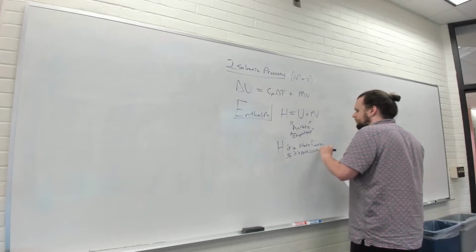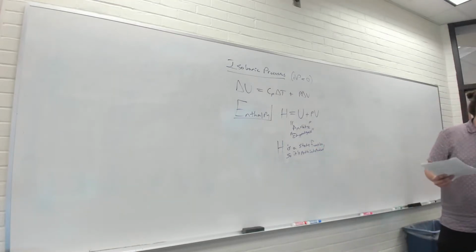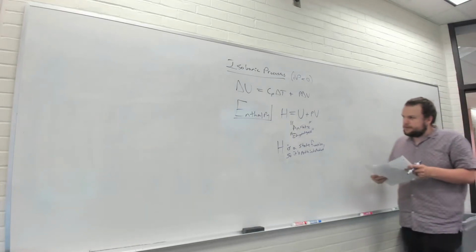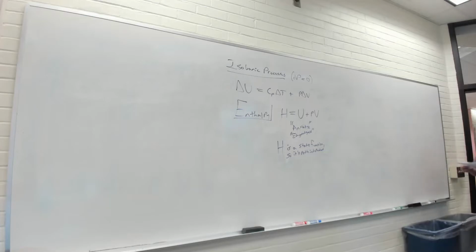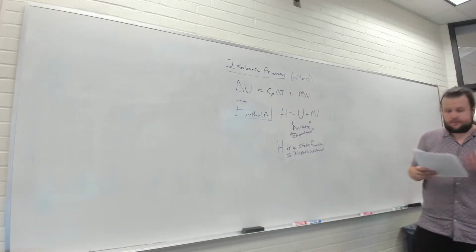So all we have to do is measure H at the beginning and H at the end. It doesn't matter which way the system goes, delta H is always the same. But the question is how do we interpret what the physical meaning of H is? Right, what does it matter? What does H tell us about an isobaric process?